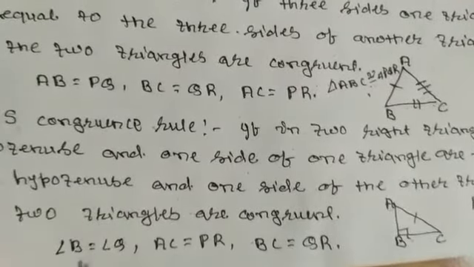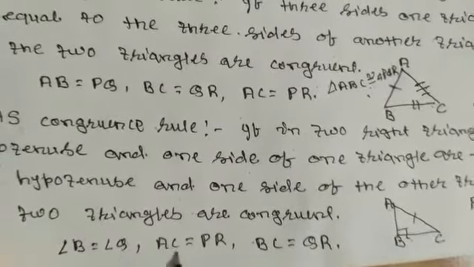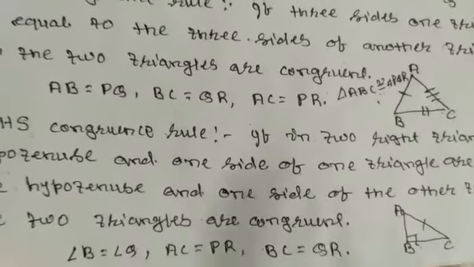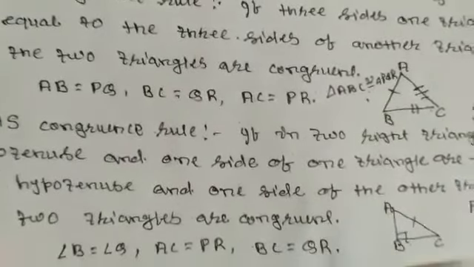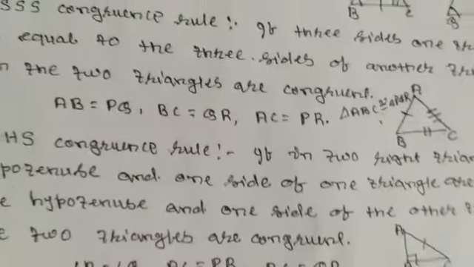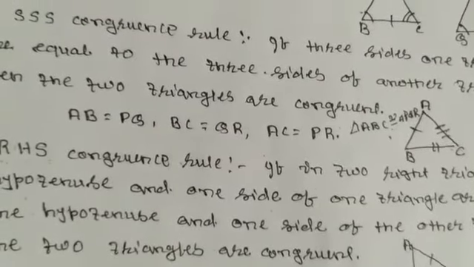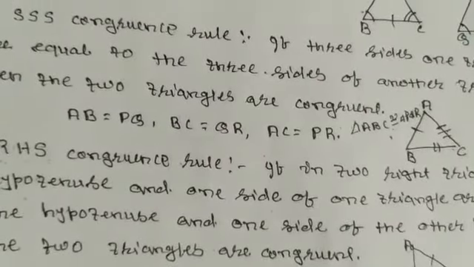Here angle B is equal to Q, AC is equal to PR and BC is equal to QR. So in this situation, these two triangles are said to be congruent by the condition of RHS, that is right angle, hypotenuse and side.